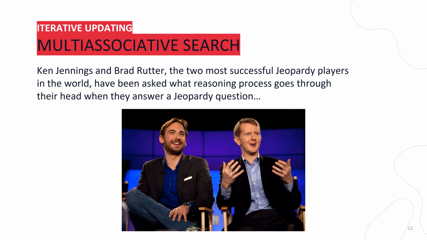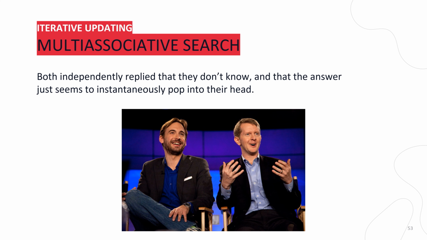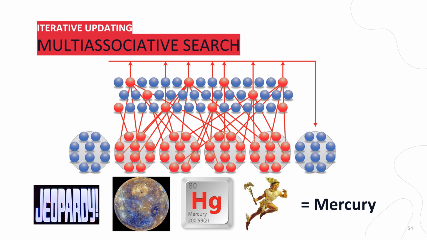Ken Jennings and Brad Rutter, the two most successful Jeopardy players in the world, have been asked what reasoning process goes through their head when they answer a Jeopardy question. Both independently replied that they don't know, and that the answer seems to just instantaneously pop into their head. And I think this is why, and I think it underlies all thought.